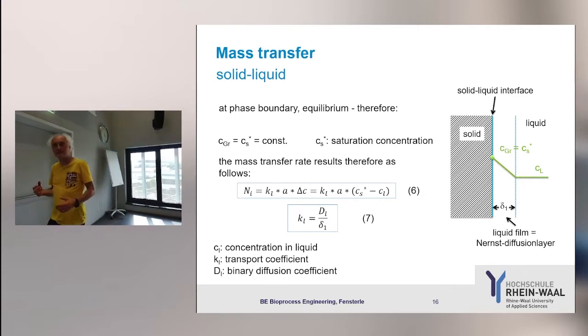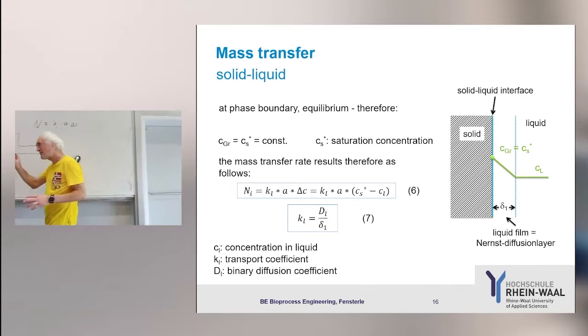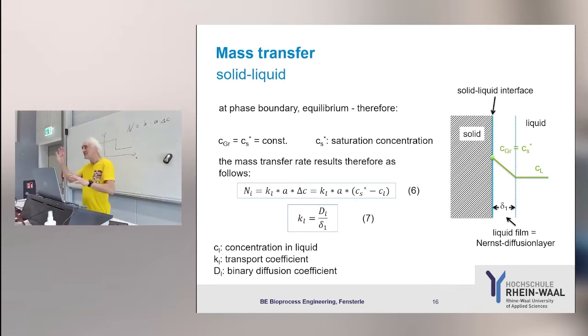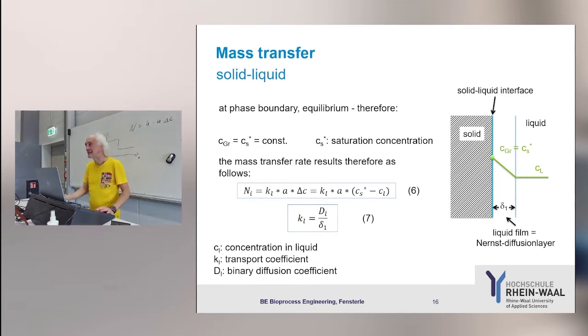We will come to that when we look at the gas-liquid interfaces, yeah? So here we say it's the solubility, makes sense, and the closer you come to the solubility, the longer it takes.